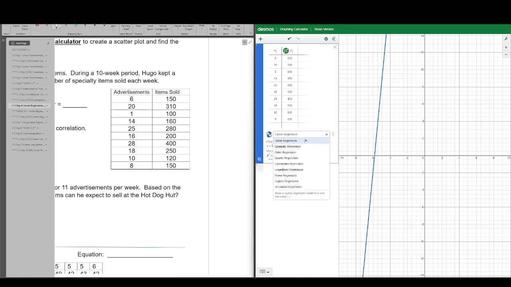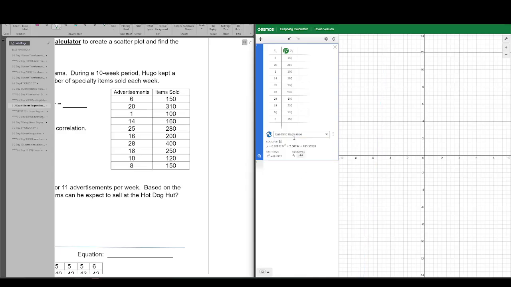So this year we'll be doing linear regression, exponential regression, and quadratic regression. All of those are here, and you can change it just by clicking on this drop down. So if I wanted a quadratic regression or an exponential regression, I can just change those, although they wouldn't be a good fit because this is a linear data set.